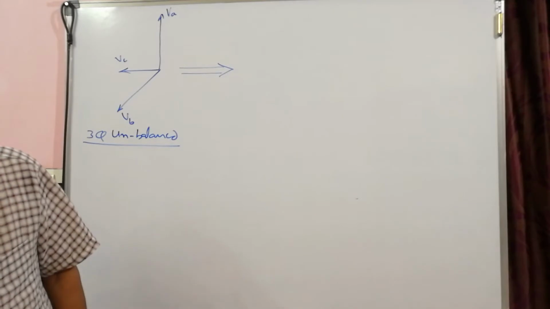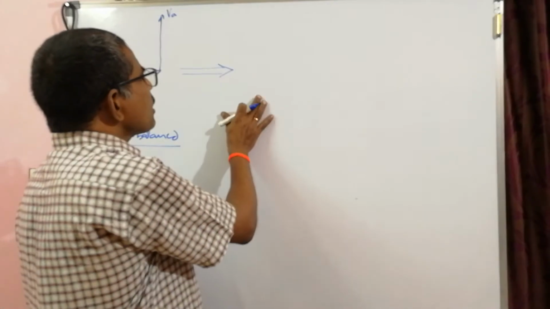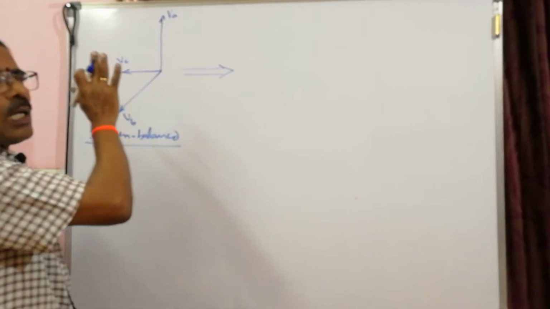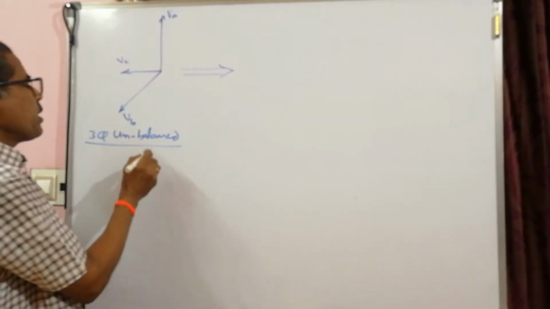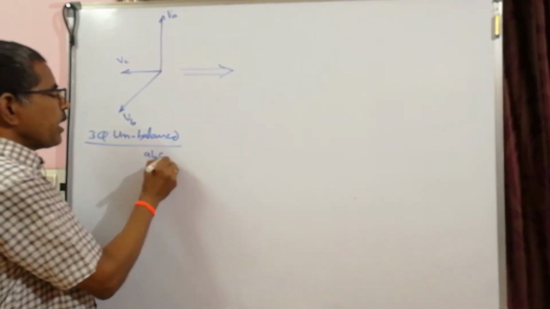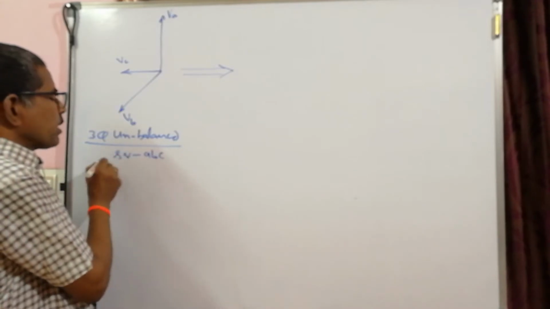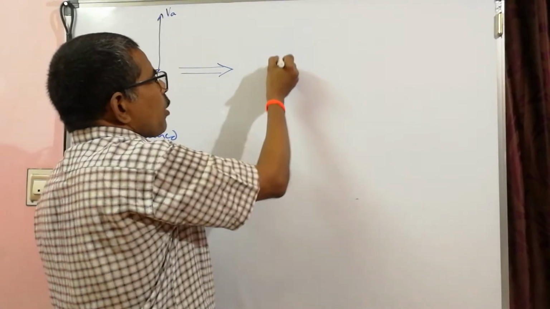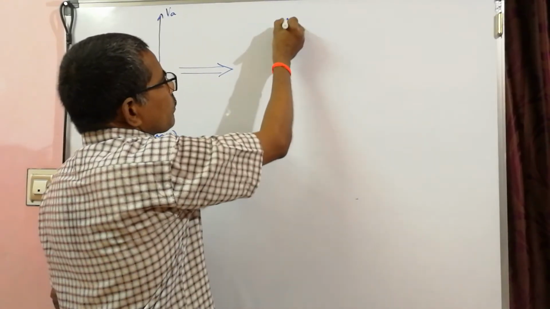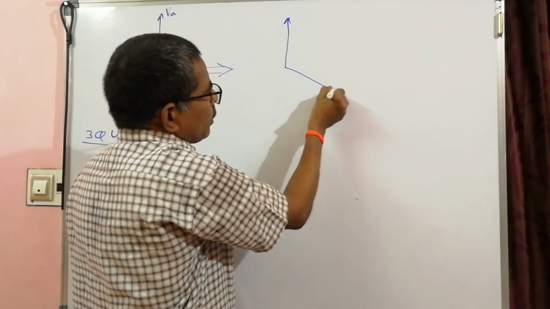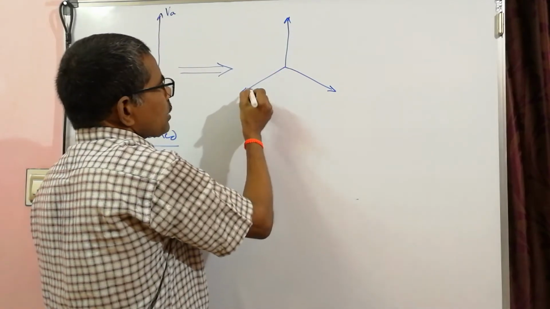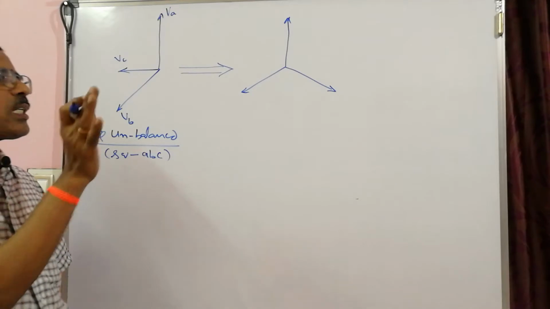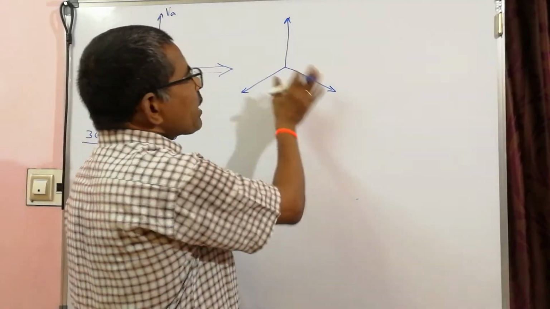Positive sequence components follow the same phase sequence as that of the original unbalanced system. This is ABC. Okay, it is following ABC sequence. So, here also it follows ABC sequence, because these are balanced.